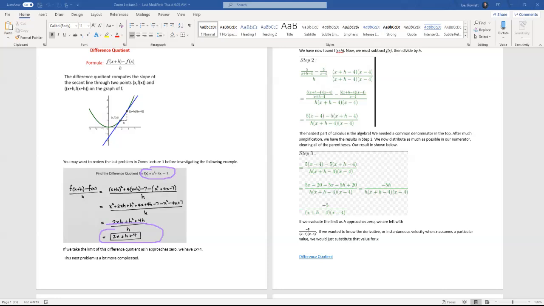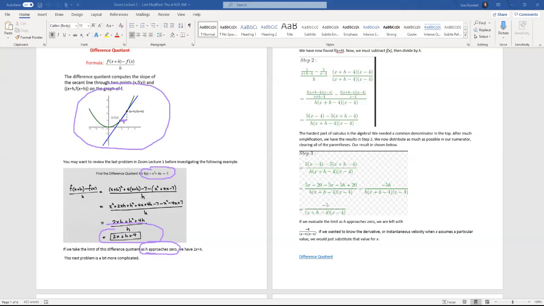Eventually, we're going to examine what happens as h approaches 0. Now think about what's happening in this graph here if h is indeed approaching 0. If h is approaching 0, that means that this horizontal distance is disappearing. So what would cause that to happen?